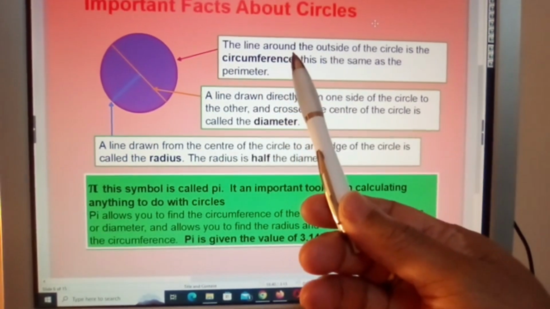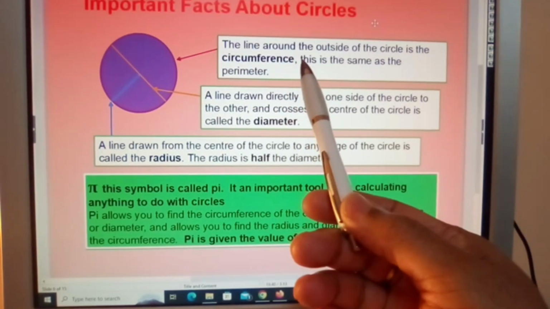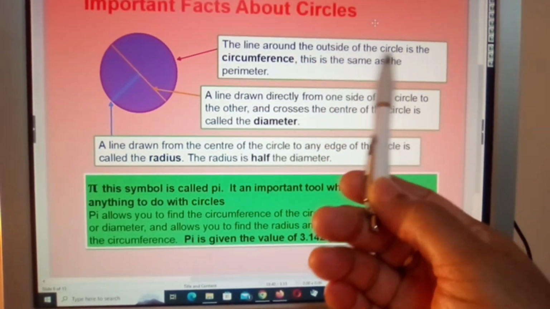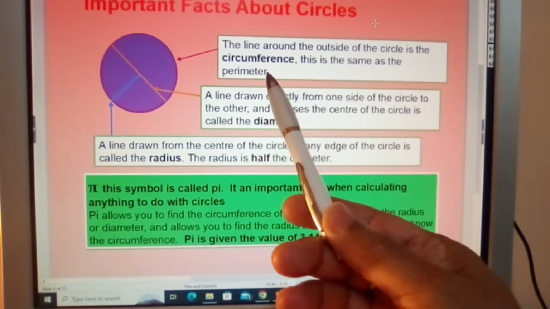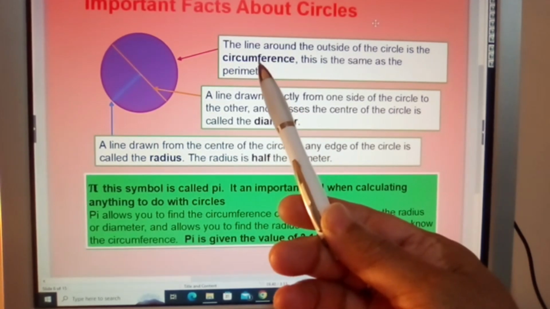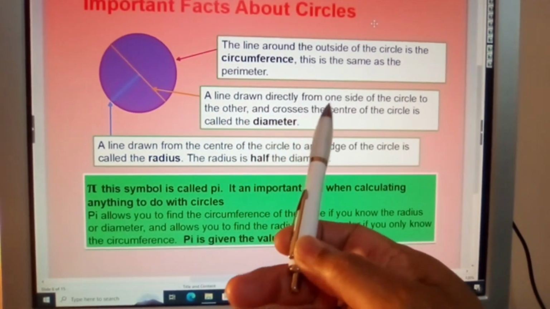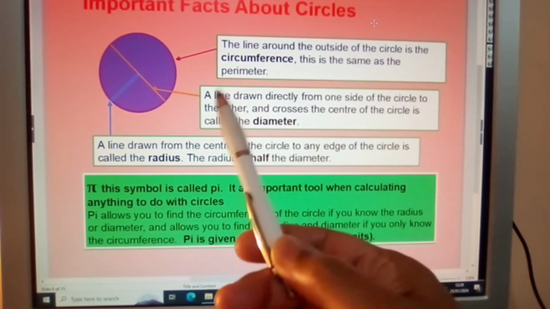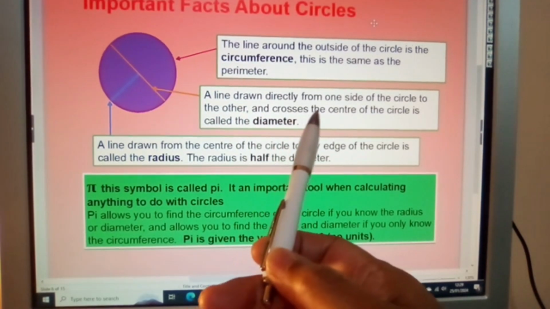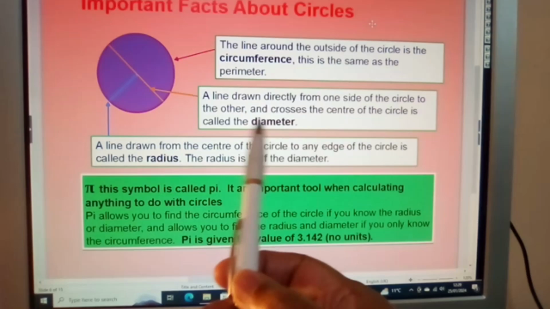The line around the outside of the circle is called the circumference. This is the same as the perimeter, sorry. A line drawn directly from one side of the circle to the other and crosses the center of the circle is called the diameter.